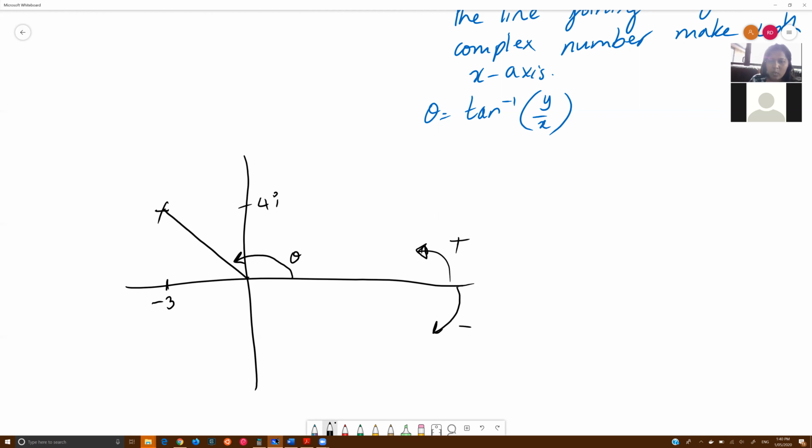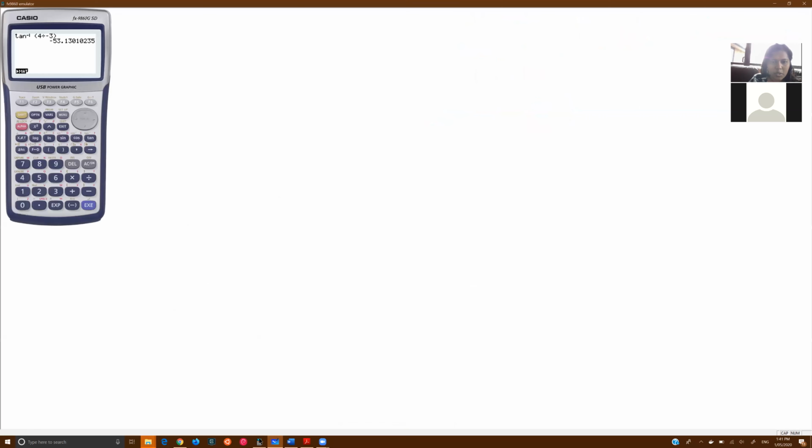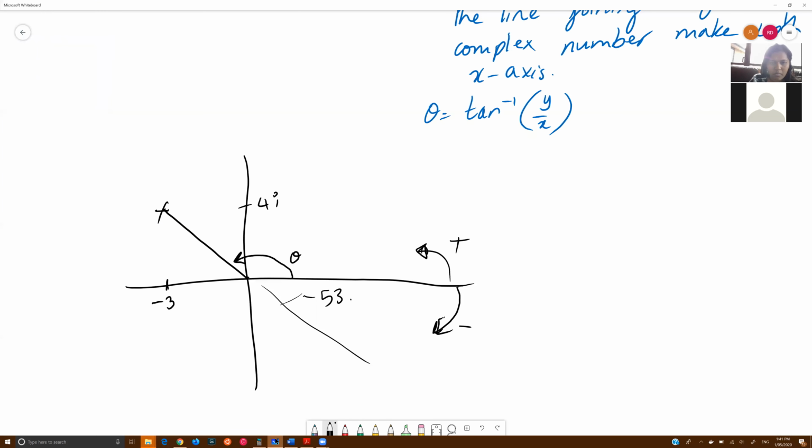So the one that we got was negative 53, which is here somewhere. So that's the angle that we've been given, negative 53.13. But that's not the angle we want. We want the other angle.